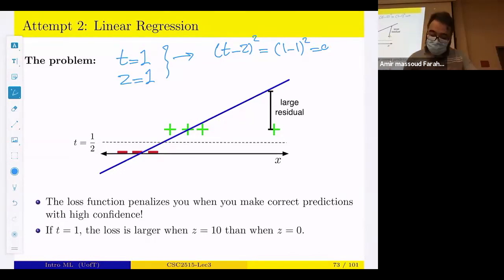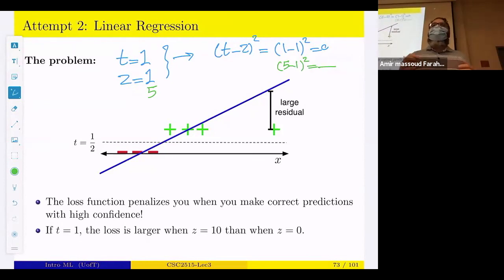But suppose now you have Z that is equal to 5, which basically means that your point has a large margin, or your linear model with high confidence says that your output would be positive. So in that case, you get 5 minus 1, and if you take the squared value of it, that would be a large value.